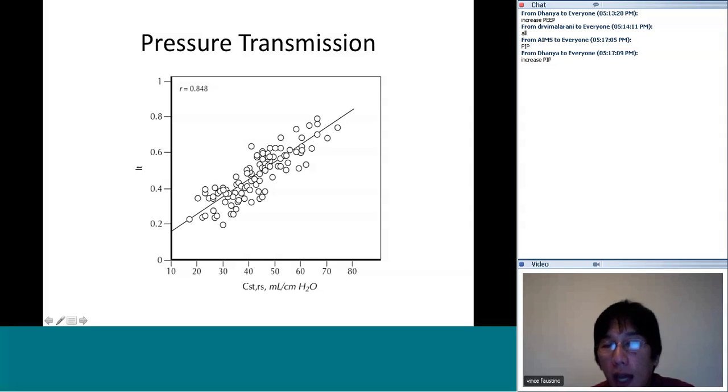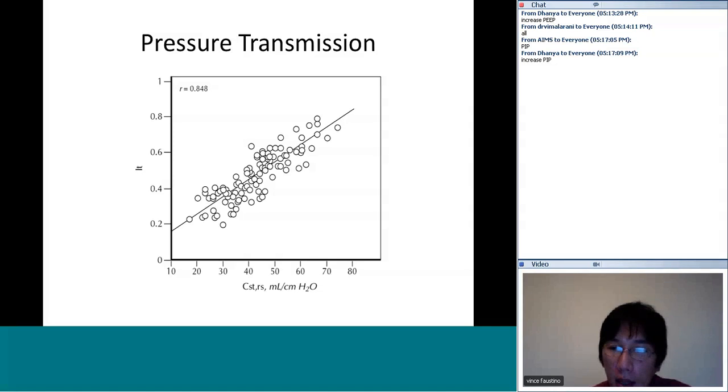However, if that patient has chronic lung disease because the patient was an ex-preemie, then you expect that the compliance of the lung is very low, and the amount of pressure that gets transmitted is also very low, such that out of 5, maybe only 1 cm of water is transmitted.